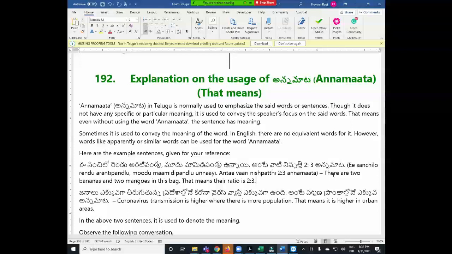That means ee sanchilo, then you can write the items. 2 bananas అంటే రెండు అరటి పండ్లు, and 2 mangoes అంటే మూడు మామిడి పండ్లు. Okay, here I need to change. Here 3, so in Telugu also 3. This is మూడు, this is 3. 3 mangoes means మూడు మామిడి పండ్లు.